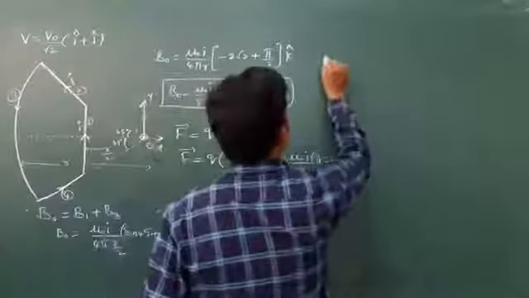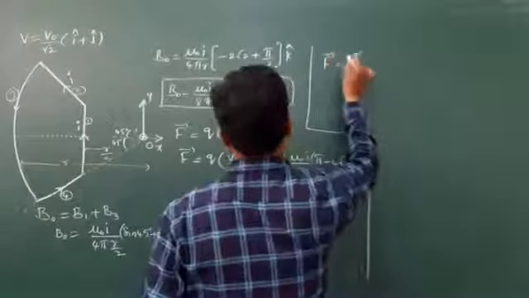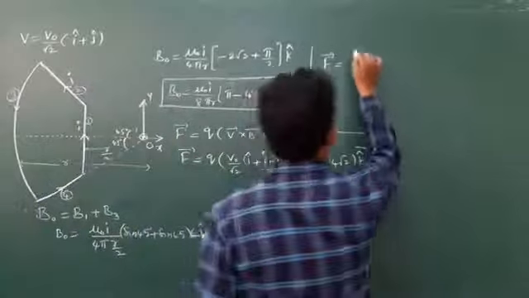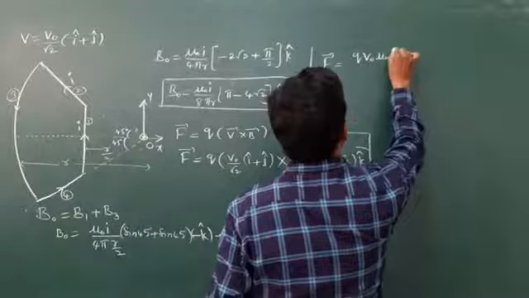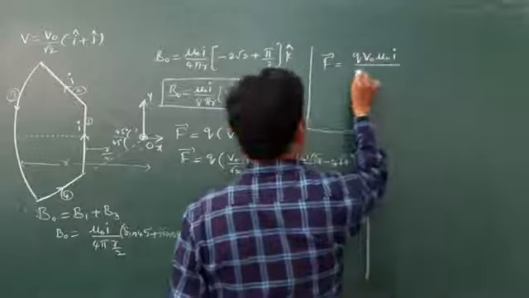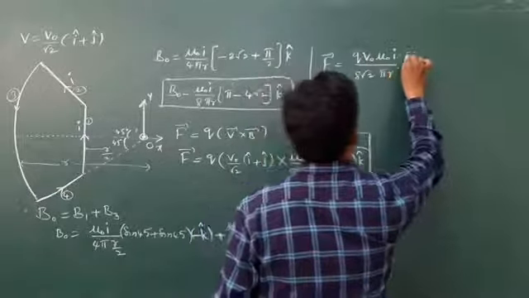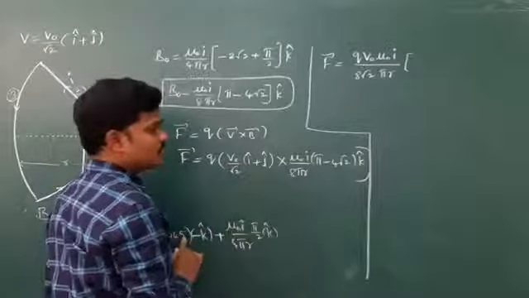Okay, let me write here. So F bar is equivalent to q v naught mu naught I by 8 root 2 pi r, then do the cross product.